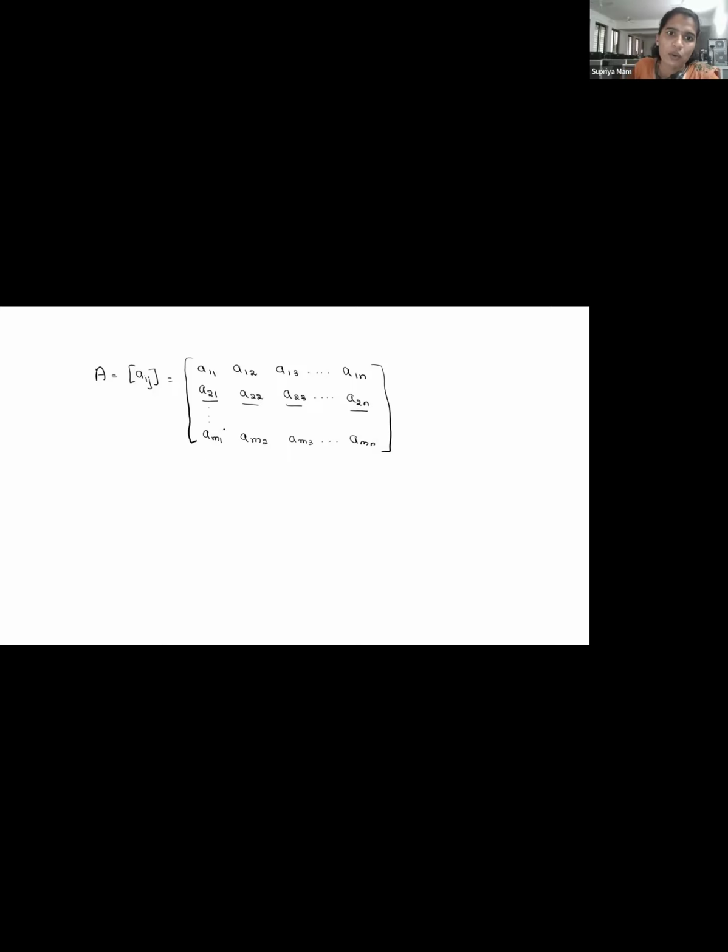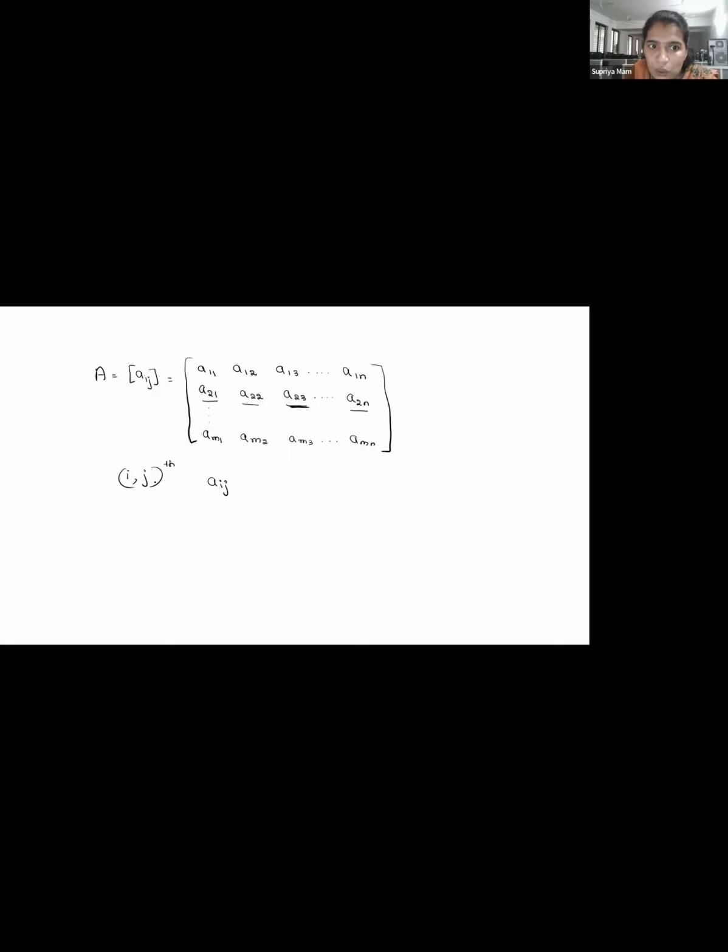Now, if I consider ith row, jth column entry, or else ijth entry, it is just aij. Why? Look at here. a23 is nothing but second row, third column entry.